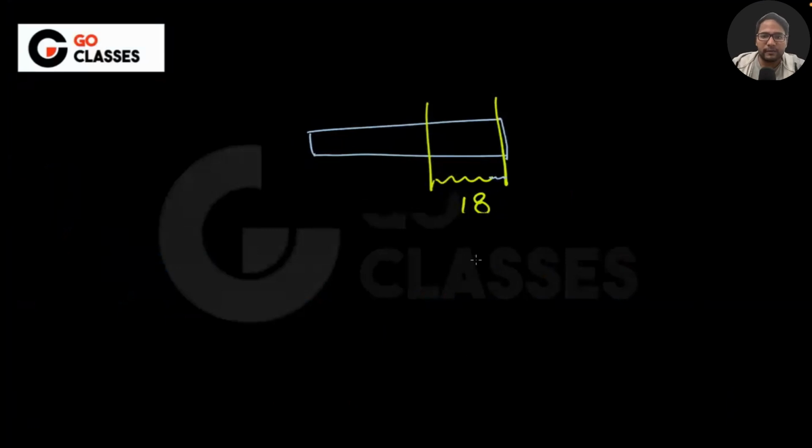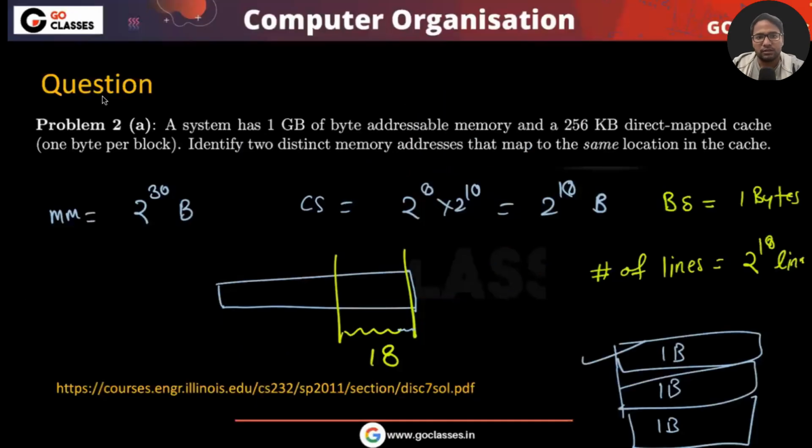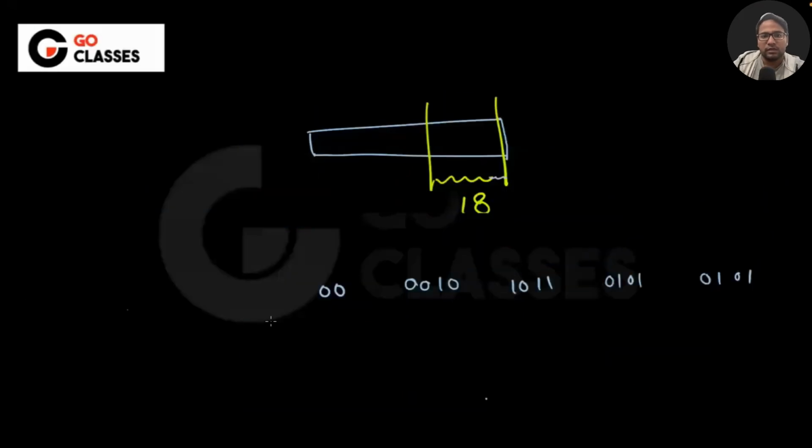Maybe I can write something like this: 001010. These are the 18 bits, and now how much remains? This is 30, so the remaining are 12, right? So these are the remaining 12 bits. You can write any 12 bits here. Okay, these are the 12 bits.